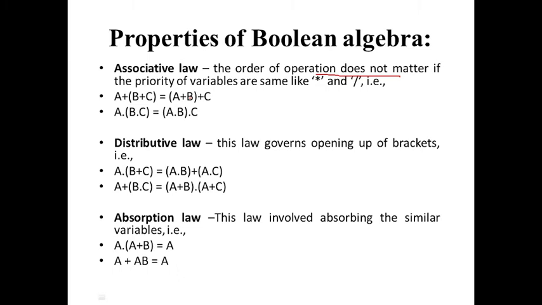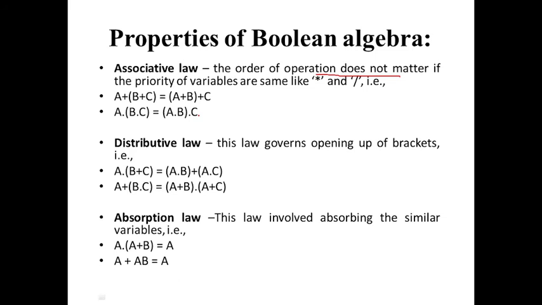Same like that, A into (BC) is equal to (A into B) into C. That is called the associative law. So in the associative law, the order of operation does not matter for the variables.